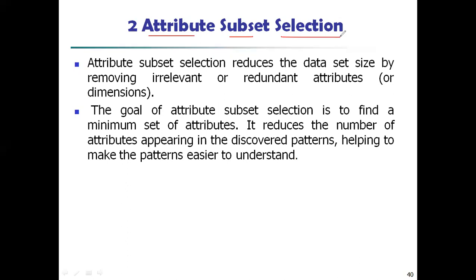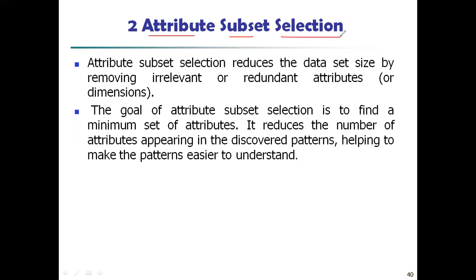Suppose one table has 10 attributes, 10 fields, but whether all the fields are important or not. If important, you can keep all the attributes. If not, it is better to select the important attributes, the important columns, from the table. You can remove the unimportant fields from the table. That is the concept of attribute subset selection.